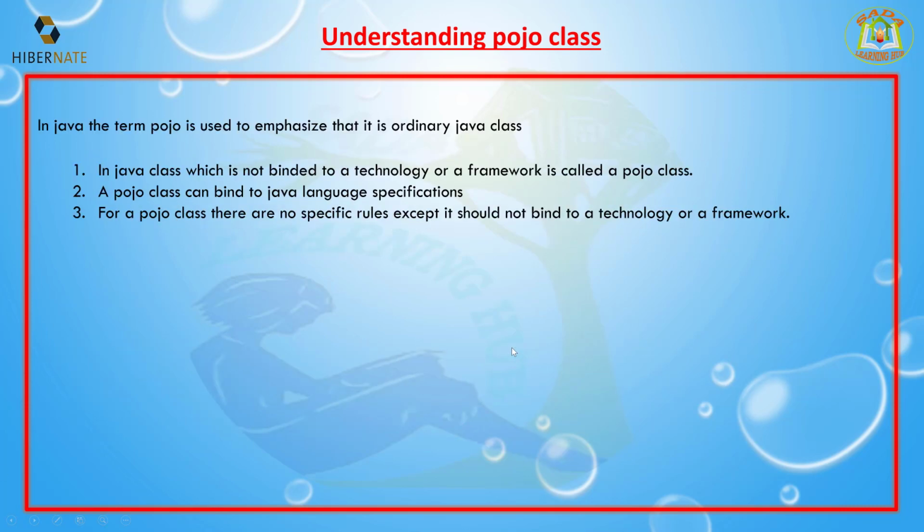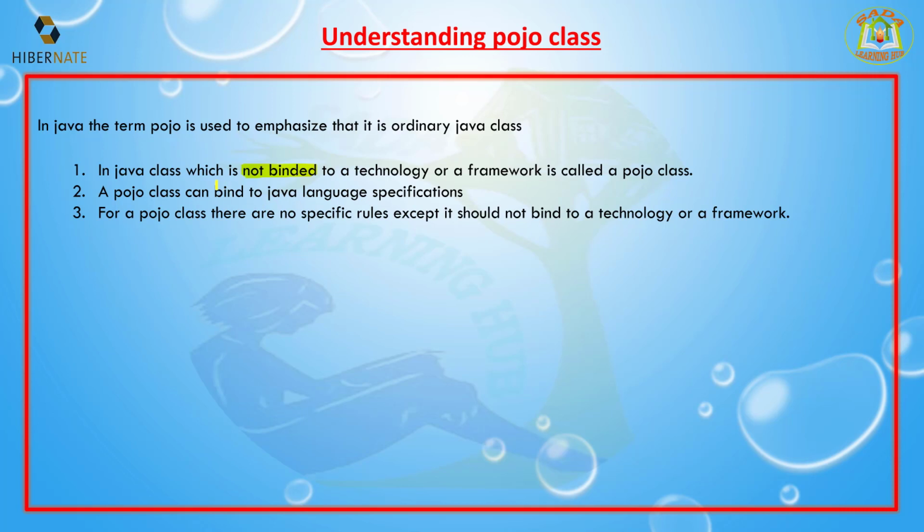The first rule is that a Java class which is not bound to any technology or any framework is called a POJO class. For example, if you are implementing or extending from any other technology, that is not a POJO class. A POJO class can bind to Java specifications.